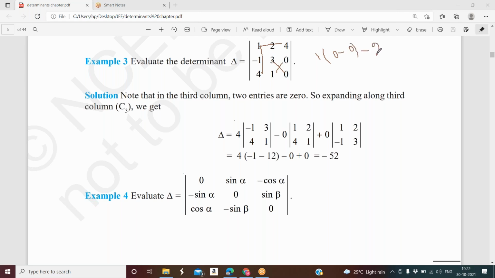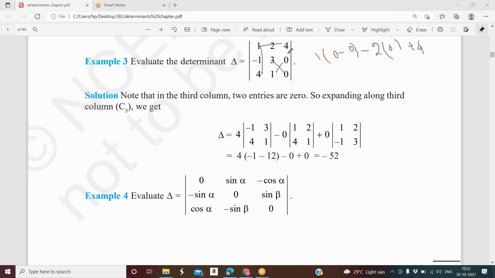Then we consider the next element, say A12. A12 means minus 1 power 1 plus 2, so we will be getting minus here. So minus 2 into minus 1 into 0, minus 4 into 0. Again, you will be getting 0. Plus 4. Why plus 4?